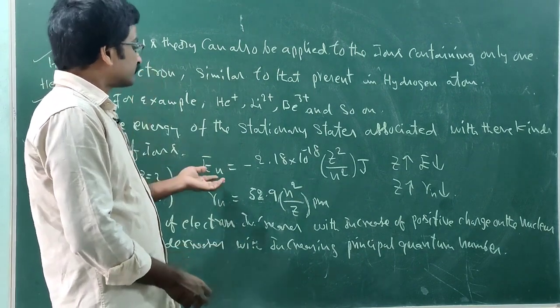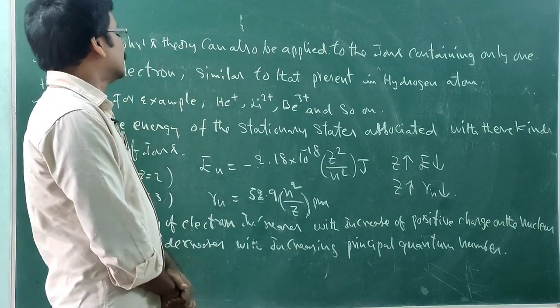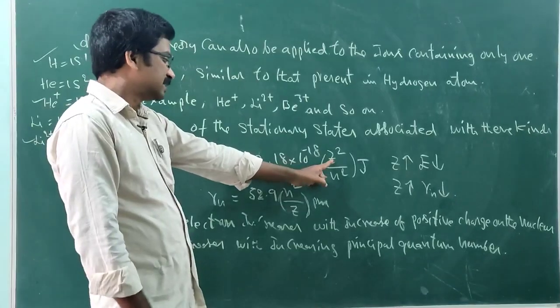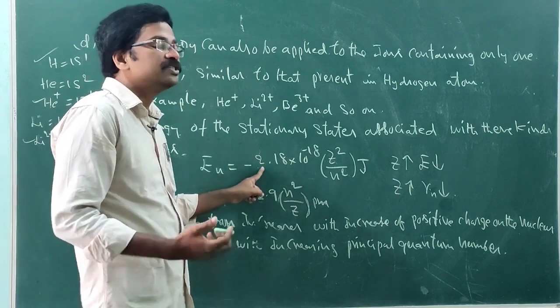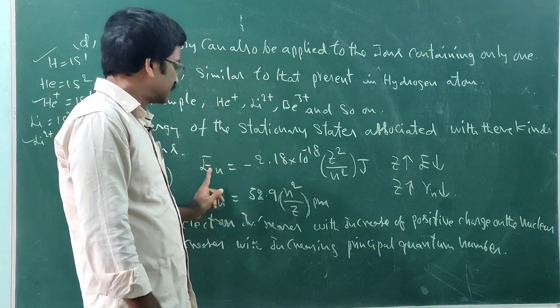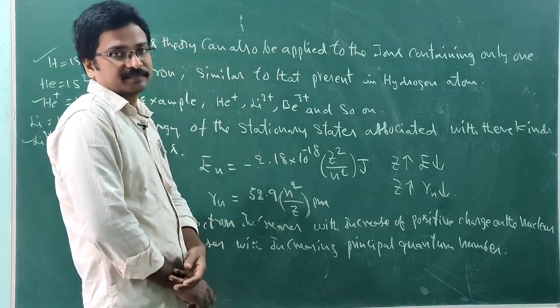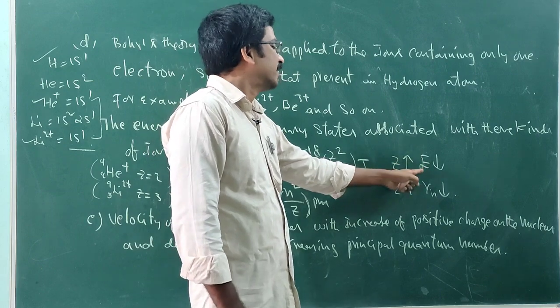Then there are 2 points mentioned. If the Z value increases, the negative portion of the value also increases, meaning energy decreases.